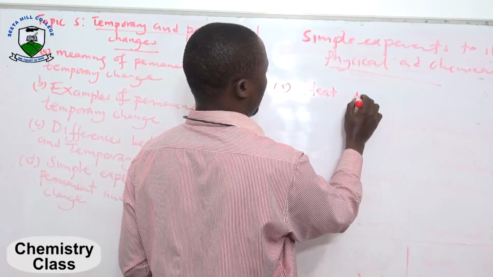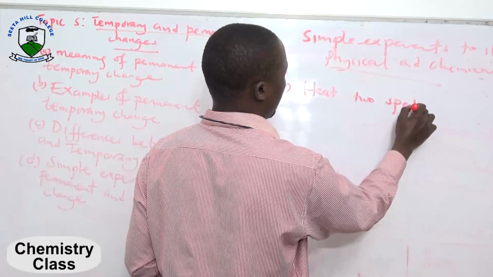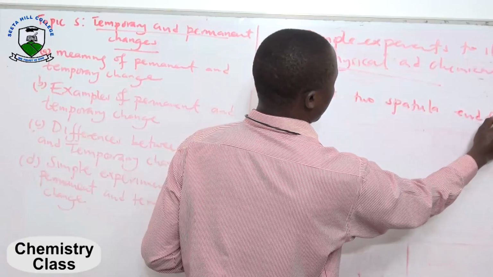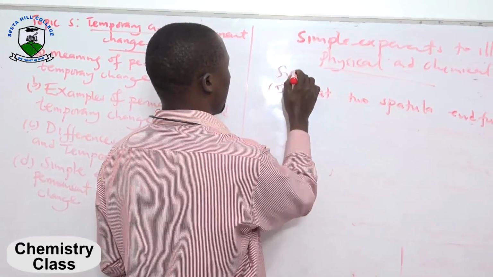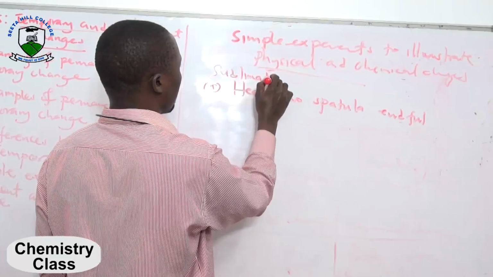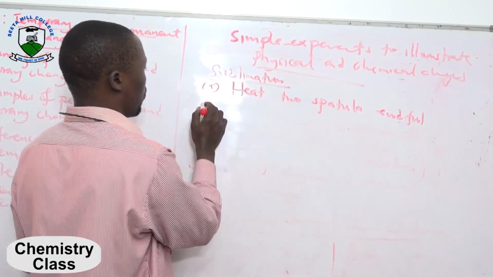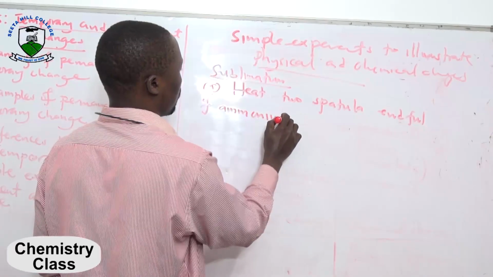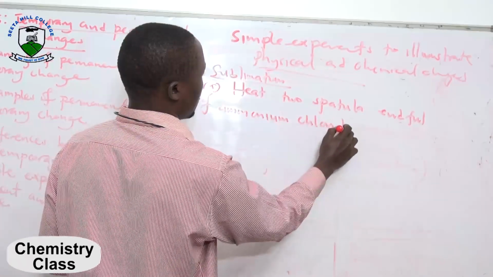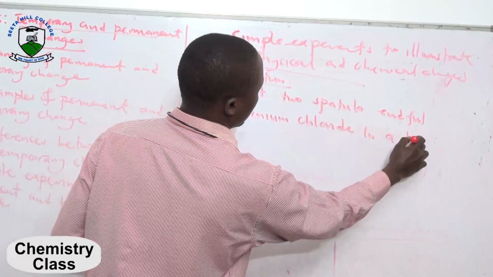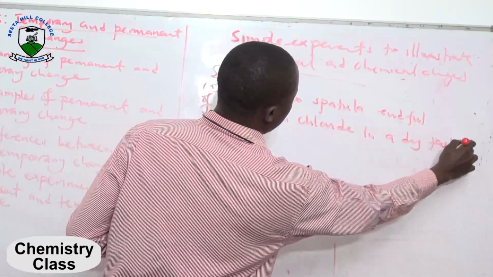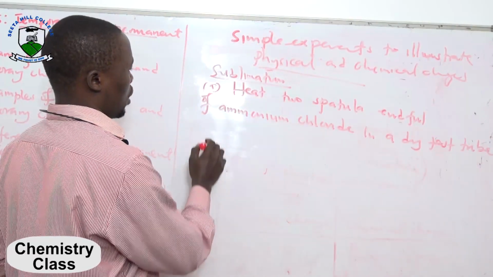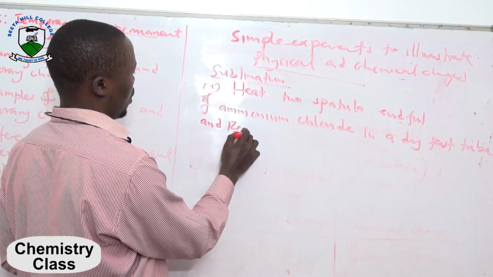Heat two spatulas full of ammonium chloride in a dry test tube, and record observations and conclusions.